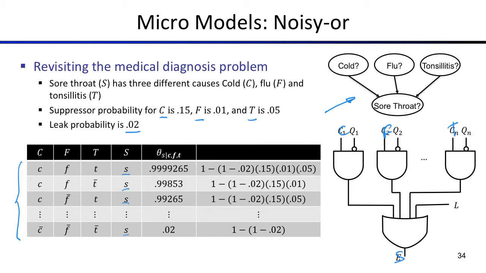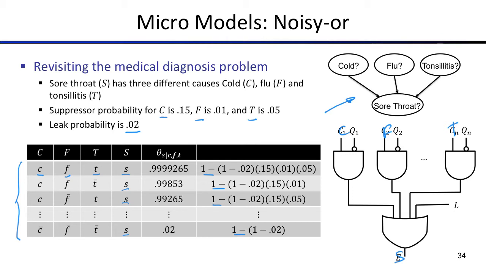That's why 1 minus appears here in all those entries of the table, because I computed the probability of having a sore throat given the other conditions. So in the case that the person has all the symptoms, it has cold, it has flu, it has tonsillitis, so this is going to be the probability of S is high.